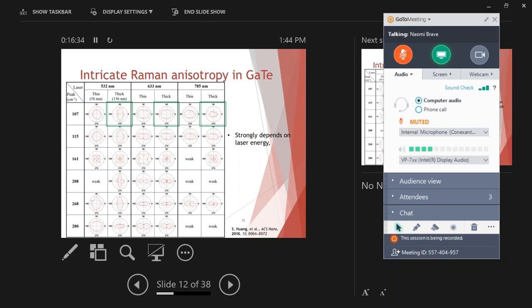For this 532 nanometer laser, the Raman polar plot is vertical, so the maximum intensity is along 90 degrees. However, for the 633 and 785 nanometer lasers, the maximum intensity is along 0 degrees.